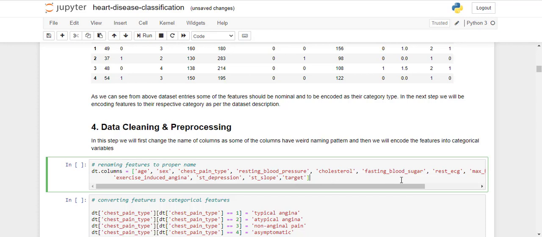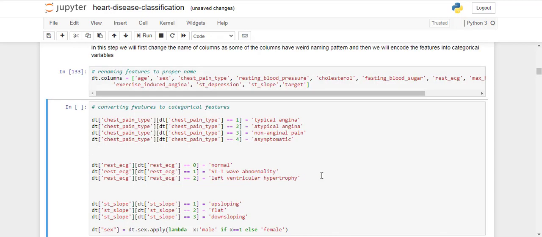For that, I have just used df.columns and passed the list, and you have to pass all the column names in the same order as in the old current data set. Now we are converting our categorical features into proper categorical names, so that we can infer more.